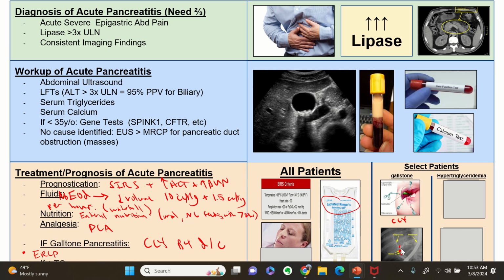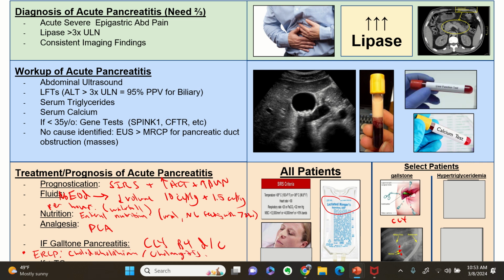So say these patients have persistent elevation of their LFTs, persistent elevated bilirubin, especially bilirubin above 4. So if you think there's concomitant choledocholithiasis, or if you think that there's cholangitis, those are the patients that you're going to need to do ERCP for.